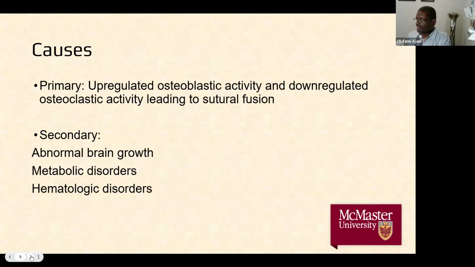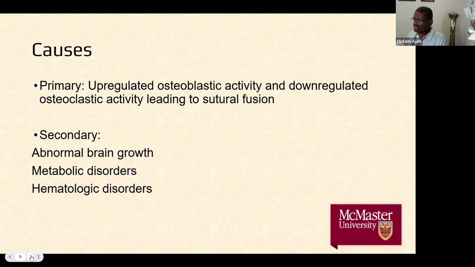Why do we have craniosynostosis? Craniosynostosis, we believe, is a genetic condition and is due to upregulation of the genes that are involved in stimulating osteoblastic activity, that is bone growth, bone laydown, in the skull along the suture, and downregulation of osteoclastic activity.